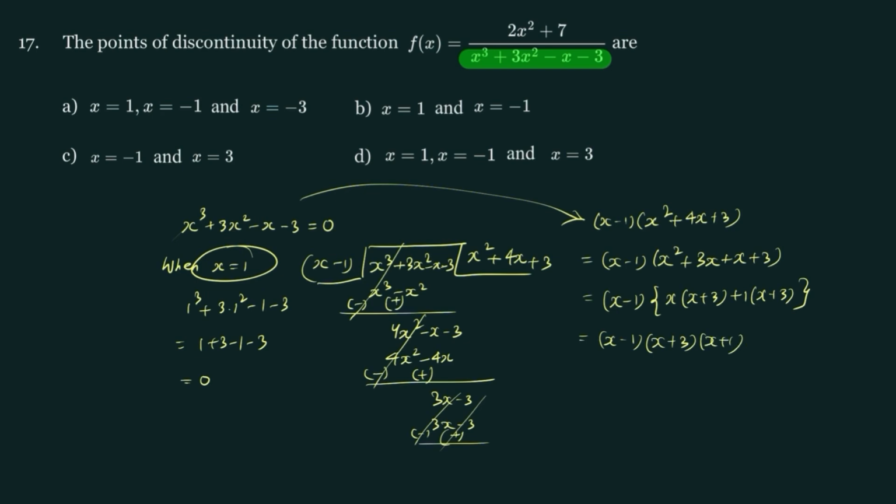So here, in order to get the function discontinuous, all of these should be equal to 0. That means the values of x at which the function is discontinuous are x equals 1, minus 1 and minus 3. That means my correct option would be option number A.